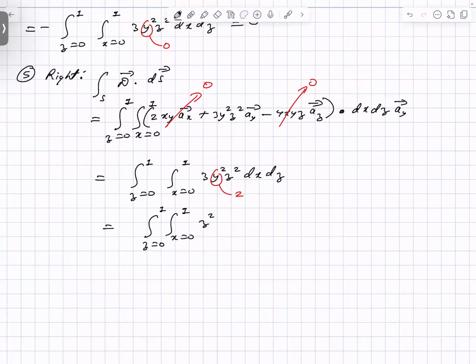So this becomes a 12. And then we have z squared dx dz. So integrating that, we get z cubed by 3. Z varies from 0 to 1. And then x varies from 0 to 1 again. So we get 12 by 3 equals 4 coulomb. That is the fifth surface.